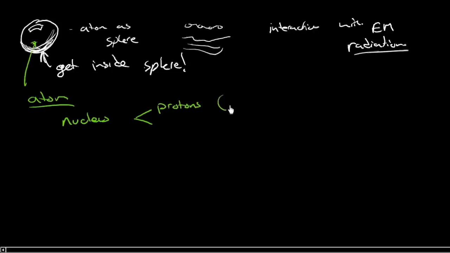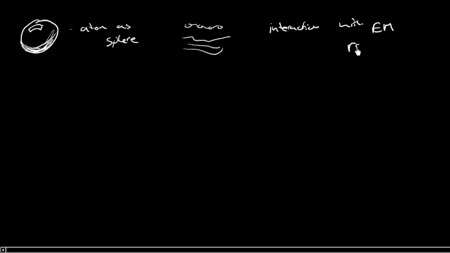So we're still trying to figure out really what the crux of optical behavior is, and at this point we know enough. We've asked enough questions. So we need to get inside. We need to crack this thing open. We need to get inside the sphere. Right, so let's do that.